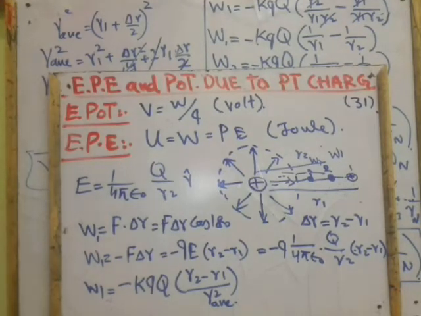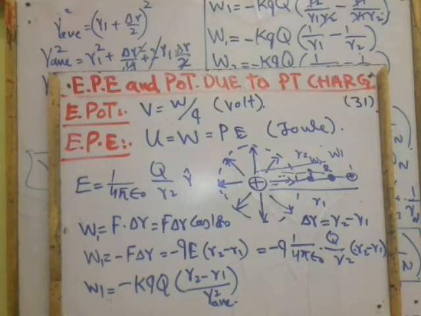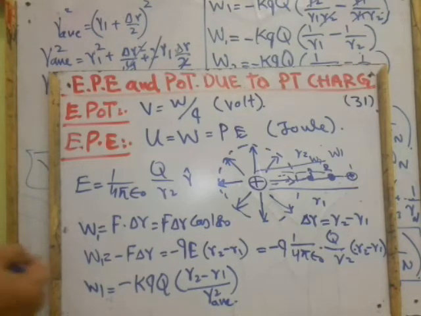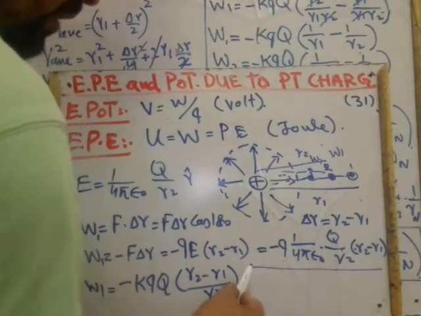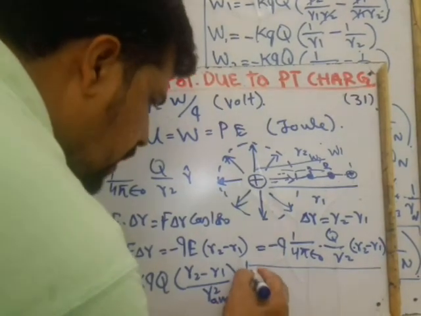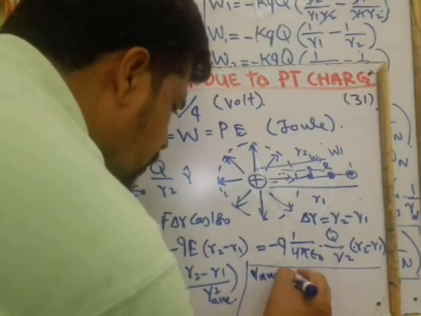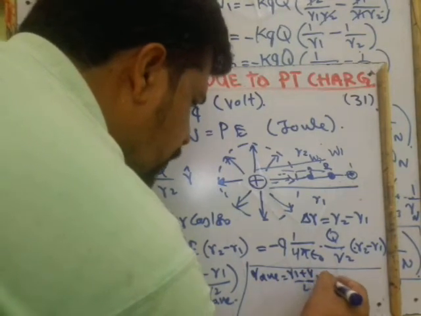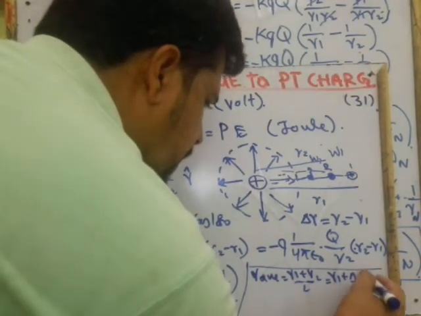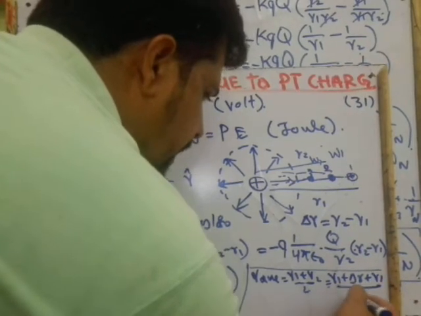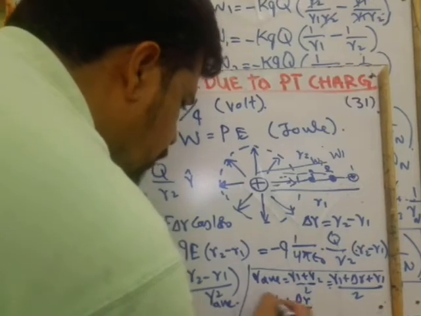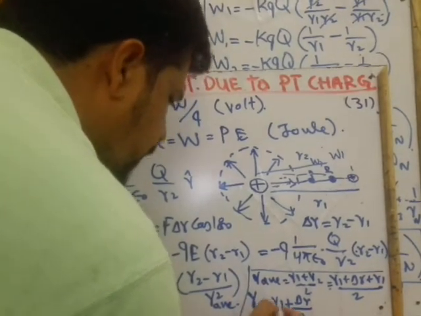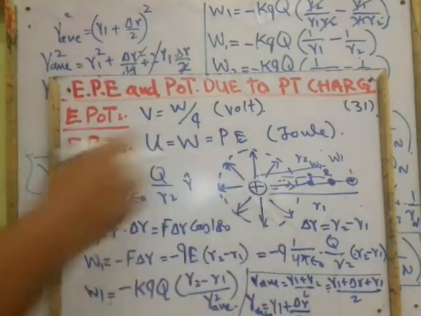Now, what is the value of R average? After a simple calculation, R average is equal to R1 plus R2 divided by 2, which is equal to R1 plus delta R plus R1 divided by 2, that is R1 plus delta R divided by 2. This is the average distance.